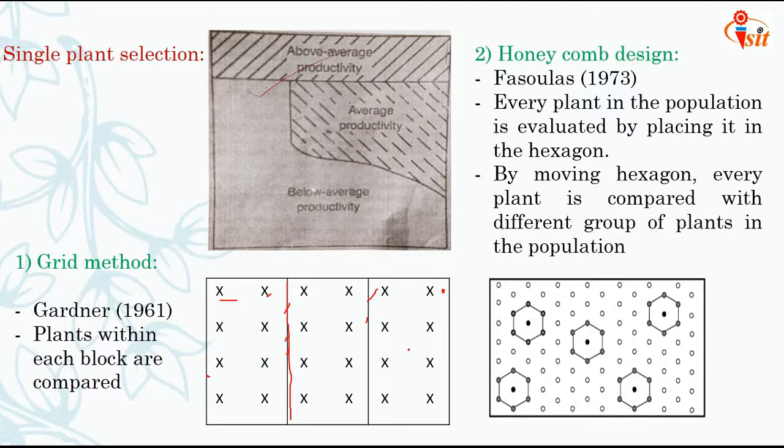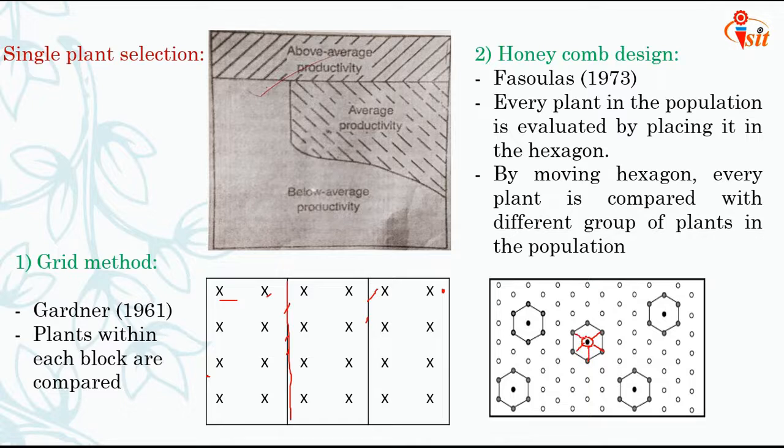The next method of selecting a single plant is the honeycomb design, which was given by Fasoulas in 1973. Here, every plant in the population is evaluated by placing it in a hexagon. Each plant is compared only with the plants present within that hexagon.